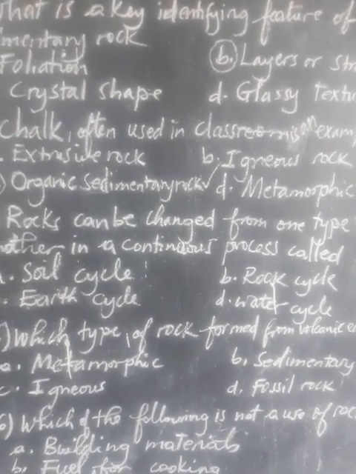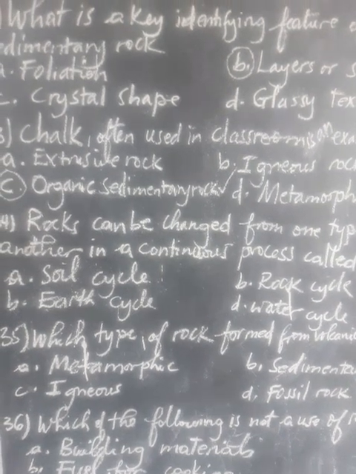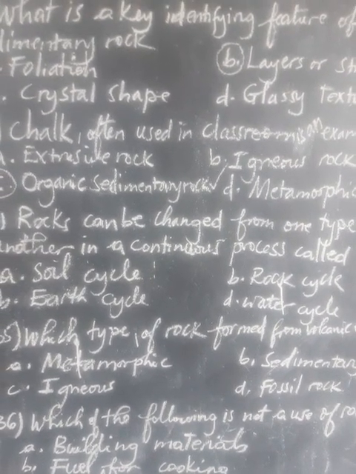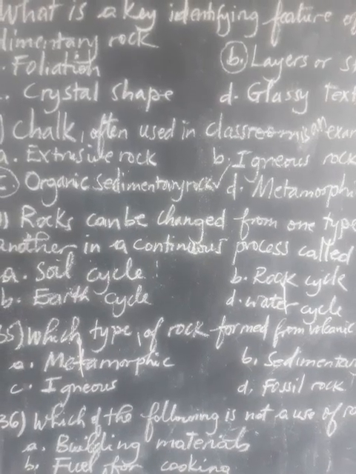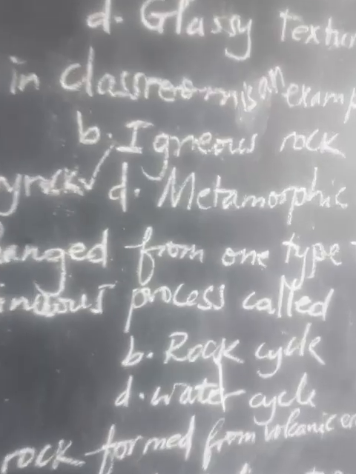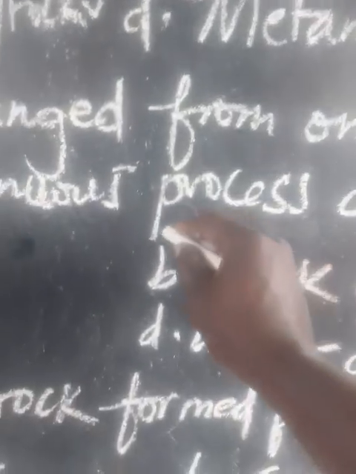So normally, when a rock is changing from one type to another type of rock, as we said previously, such a process is called a rock cycle. Therefore the correct answer is B, the rock cycle.